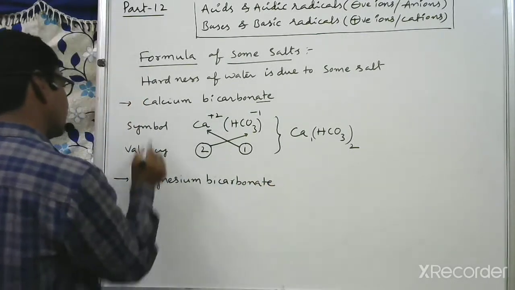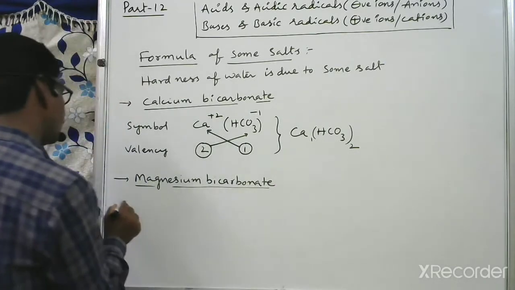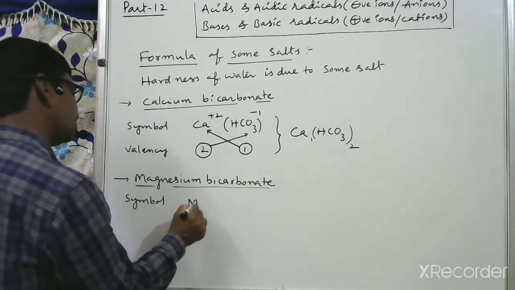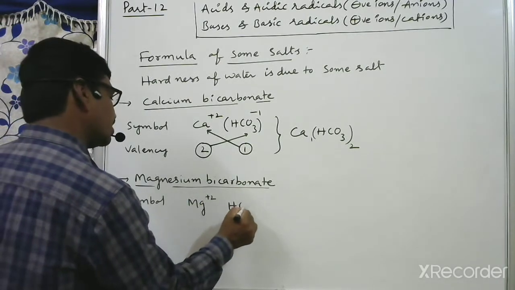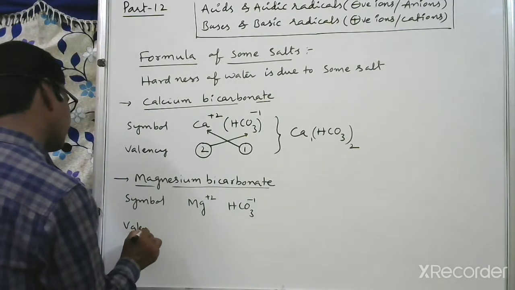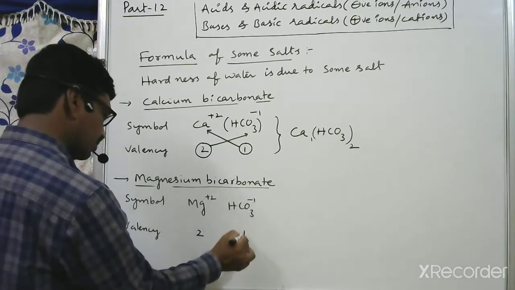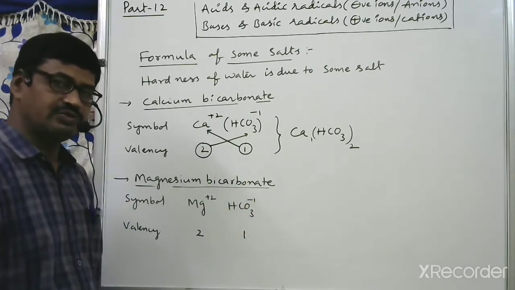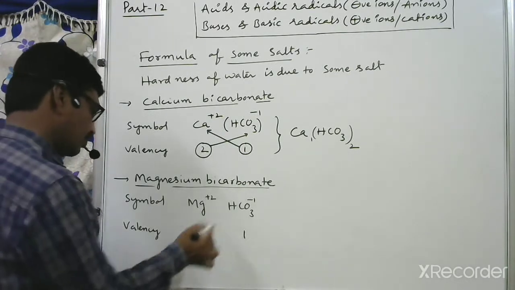For this, what is the symbol? Magnesium and bicarbonate symbols you should know: magnesium Mg plus 2, bicarbonate HCO3 minus 1. Then the valency: what is the valency for this 2 and this 1, because this is charge? Valency should not carry positive or negative sign; it should be just the number 2 and 1.